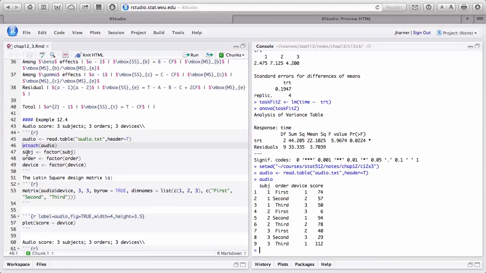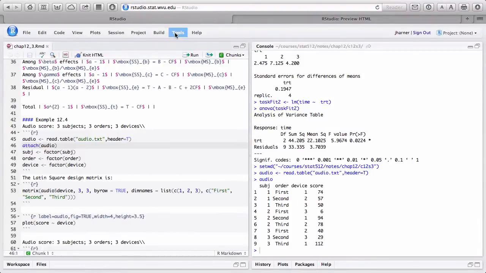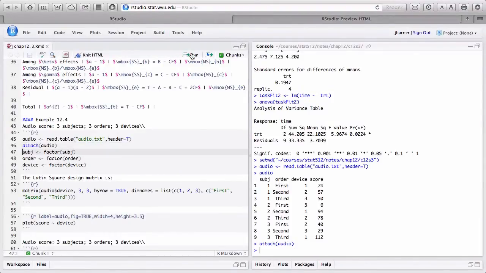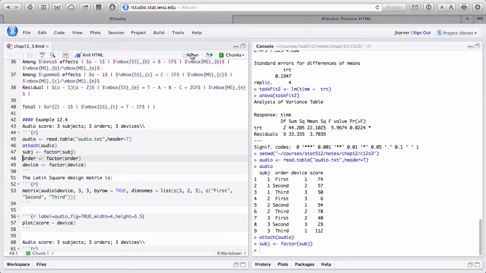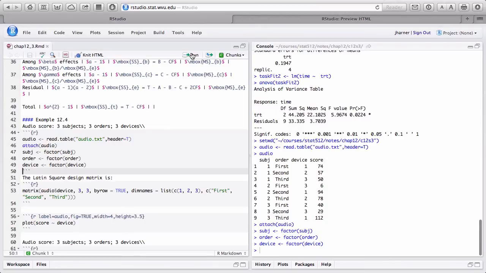Okay, I'm going to attach this file, and whoops, I didn't mean to do that, but okay. I meant to hit the run, and then I'm going to make subject and order a factor, although I think it becomes a factor anyway for e.table, and then device I'm going to make into a factor.